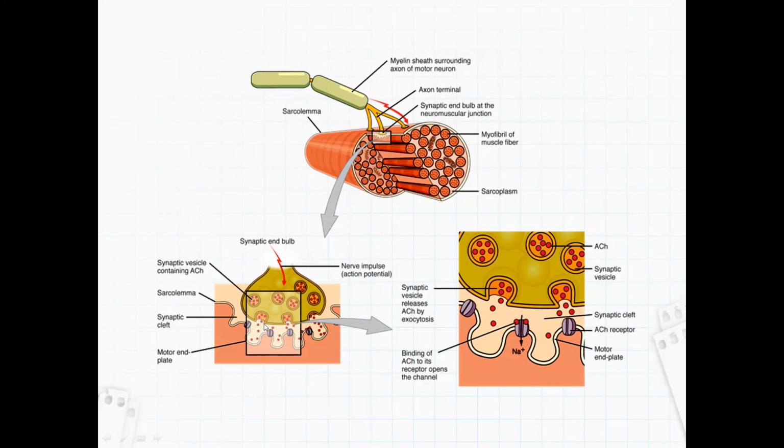In the neuromuscular junction, these are the synaptic vesicles, and these contain acetylcholine, which is a neurotransmitter. This neurotransmitter is released into the synapse, and after it gets released, it acts on the receptors on the motor end plate.